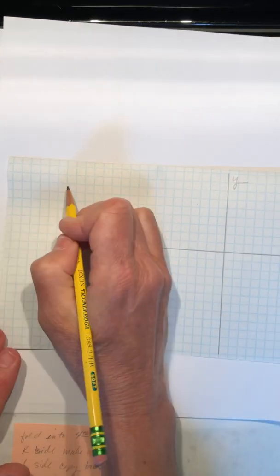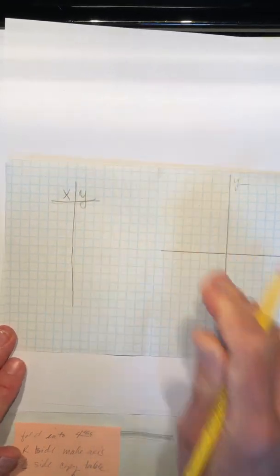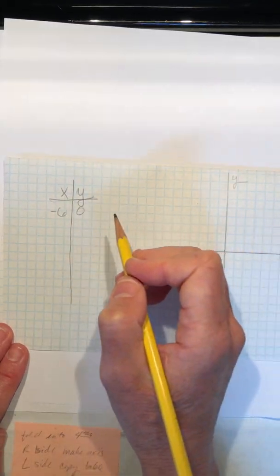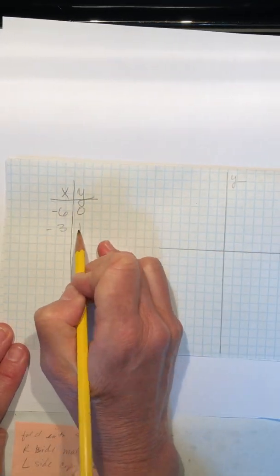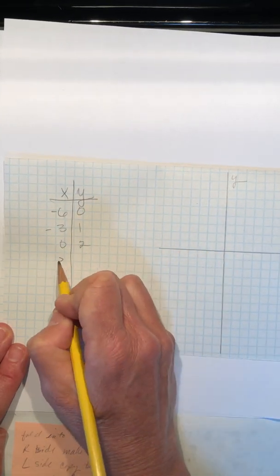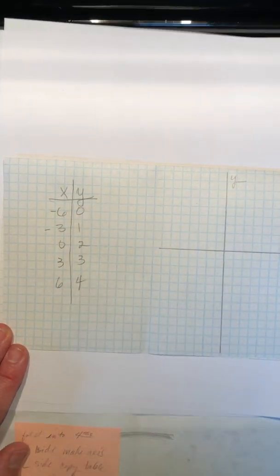And the table of values that you're going to plot is this one. X and y, -6, 0, -3, 1, 0, 2, 3, 3, and 6, 4.